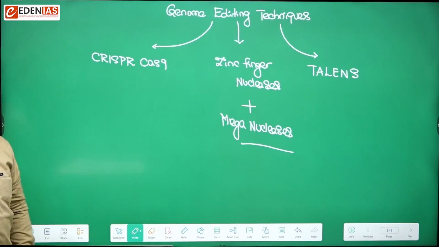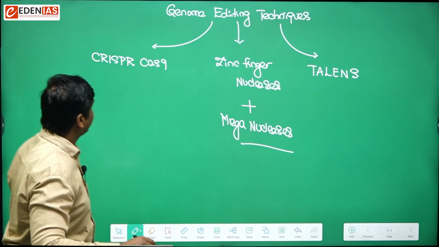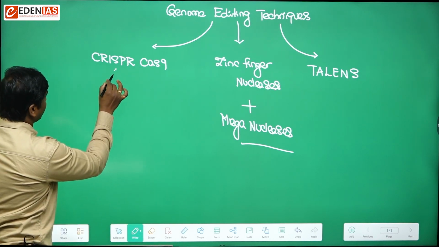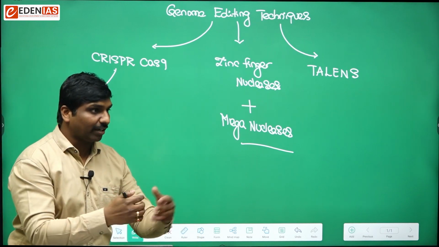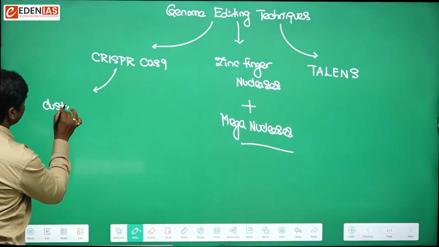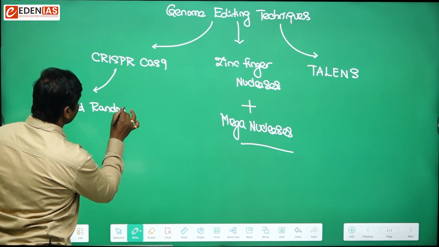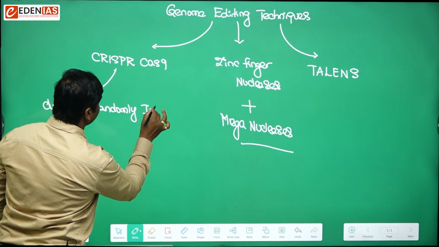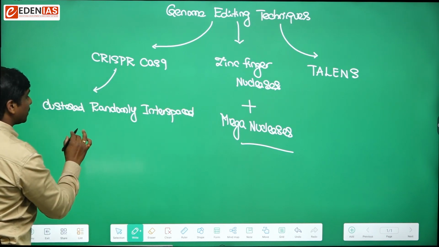What is CRISPR-Cas9? CRISPR is an abbreviation for something called clustered randomly interspaced short palindromic repeats. Can anyone say randomly interspaced?